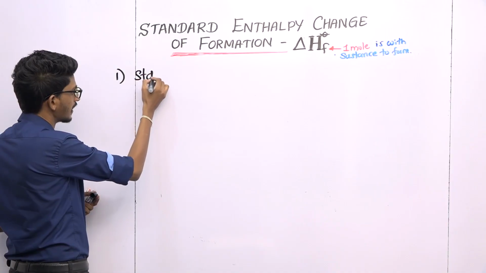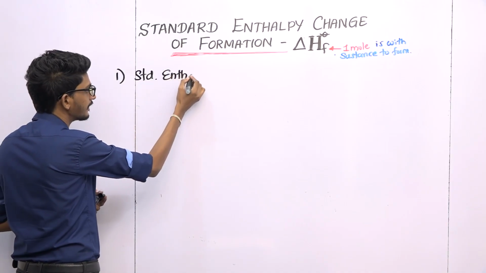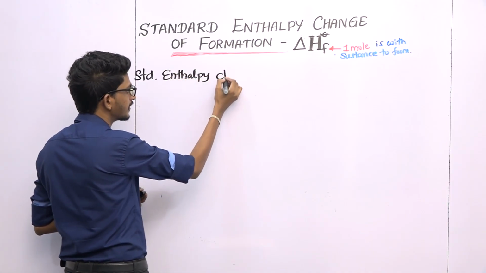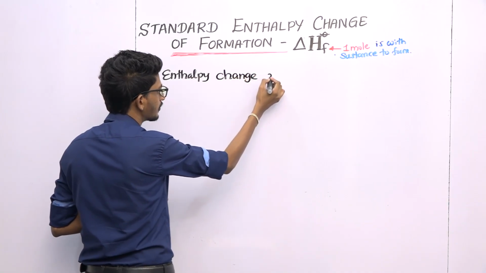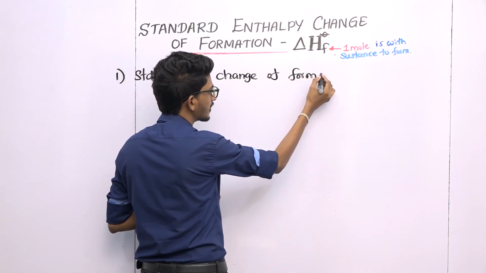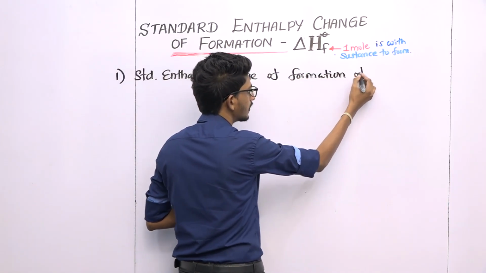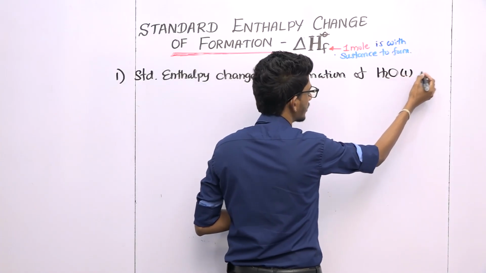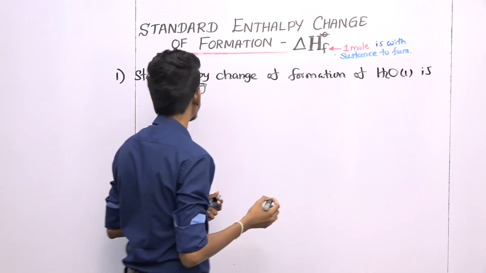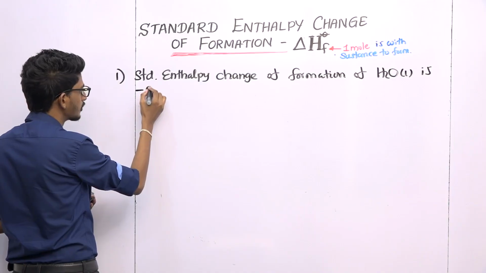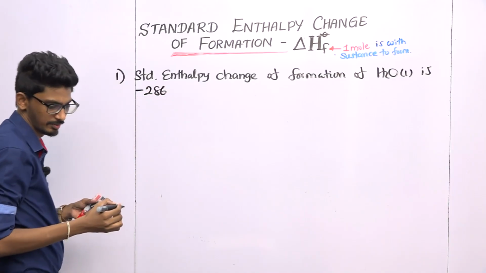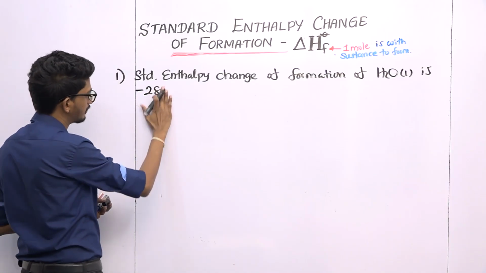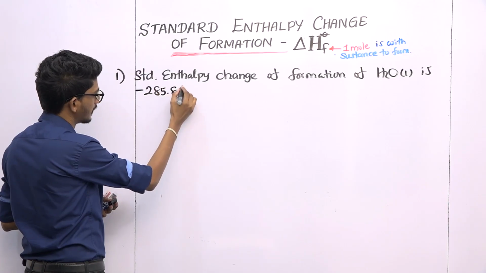The standard enthalpy change of formation of H2O liquid is given as minus 285.8 kilojoules per mole.